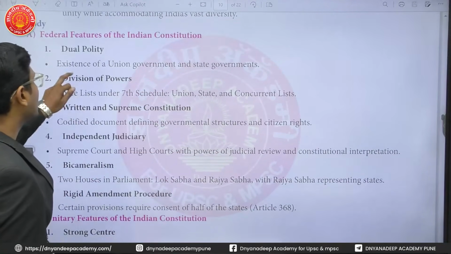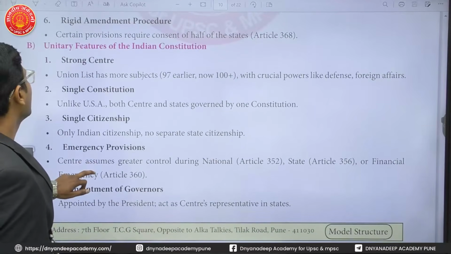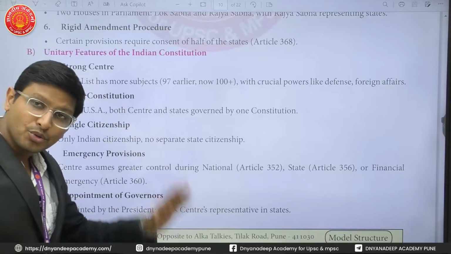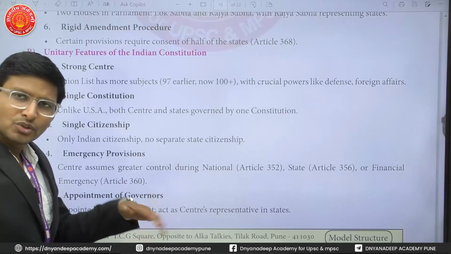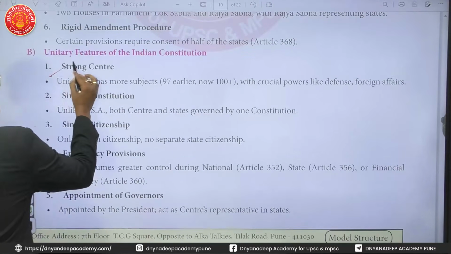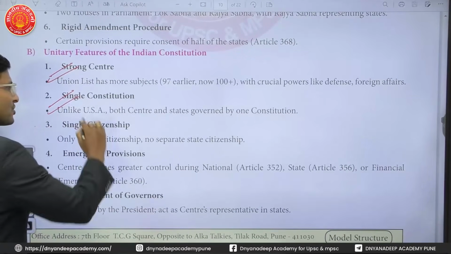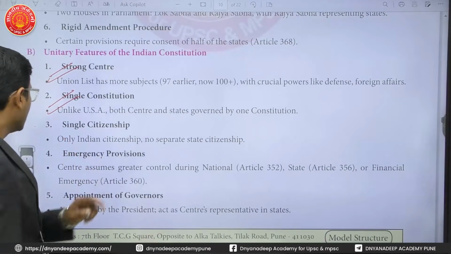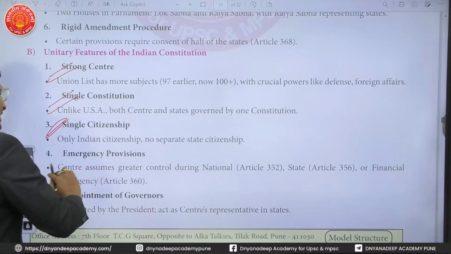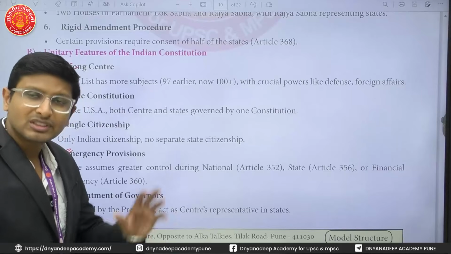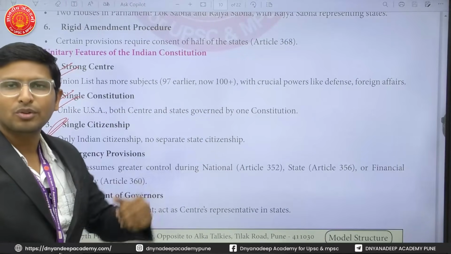So we have all these features of federalism, but we cannot call it a complete federal structure because there are multiple unitary features in the Indian constitution. So what are the unitary features we have? Strong center, the center is more powerful. Single constitution we have. Then single citizenship, emergency provisions, appointment of governors, all these provisions show that there are more powers with the central government.